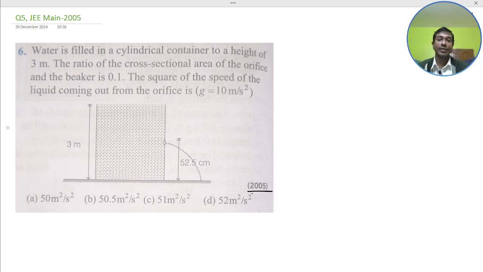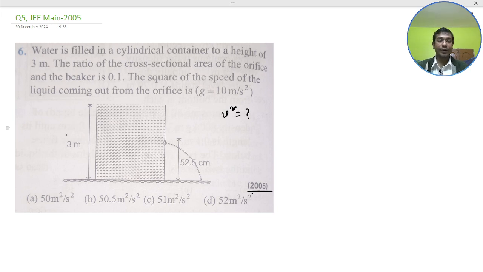So this is the orifice, this section. So you have to find the v square of the speed. The orifice height is 3 meter, and the ratio of cross-sectional areas 0.1 is given.